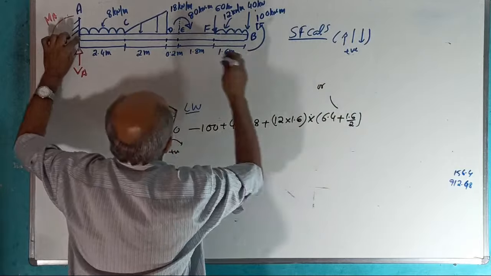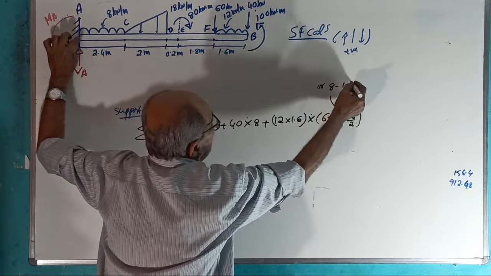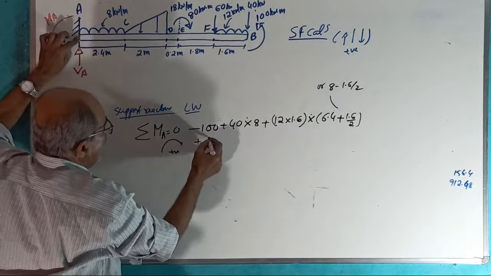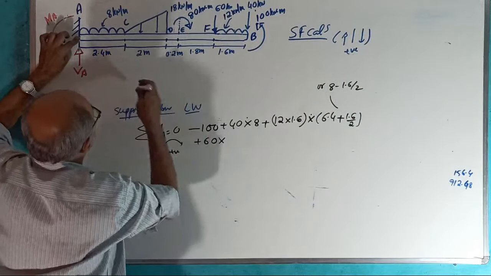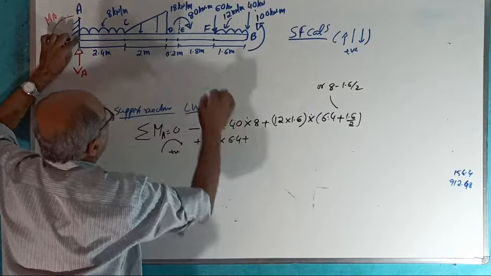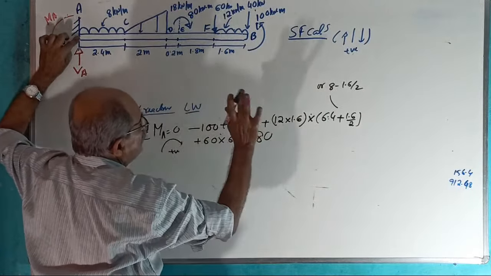Or you can do one thing. See, into, from 8, subtract 1.6 by 2. Whatever you want. Then, one more point load, 60 into 6.4. Plus one couple, 80 clockwise, plus 80, no into.